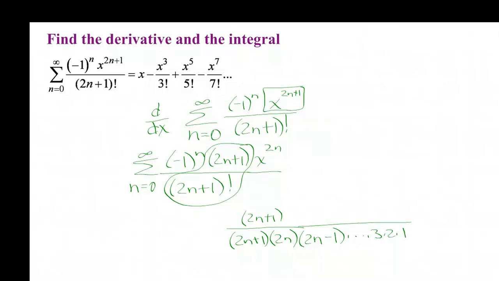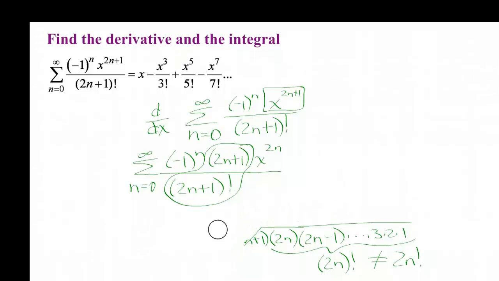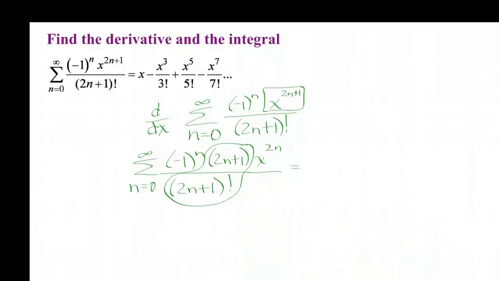That's what factorials look like. So those terms cancel. And what we're going to wind up with is the quantity 2n factorial. Please make sure you put parentheses around it. This does not equal 2 times n factorial.